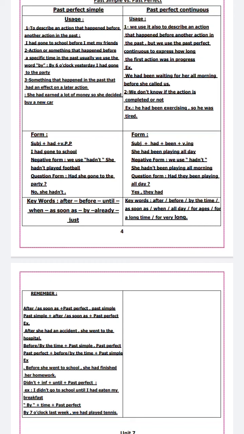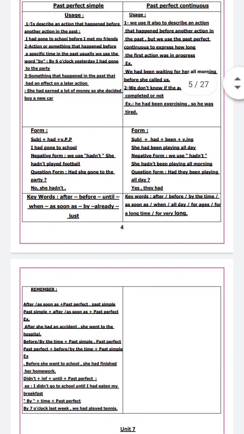In this case, we put the past simple at the start, then after or as soon as, then the past perfect. Let's have an example. After she had an accident, which is the past perfect had, she went to the hospital. The past simple of go is went.